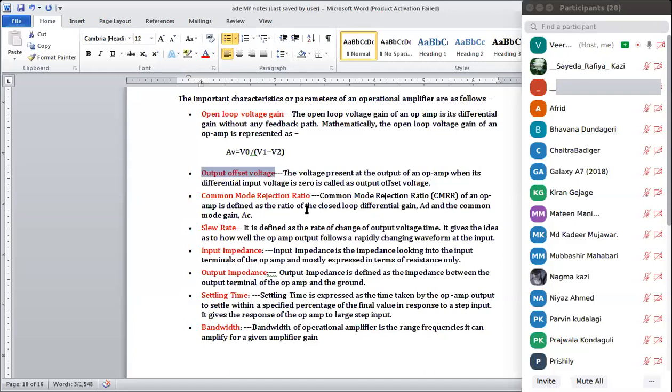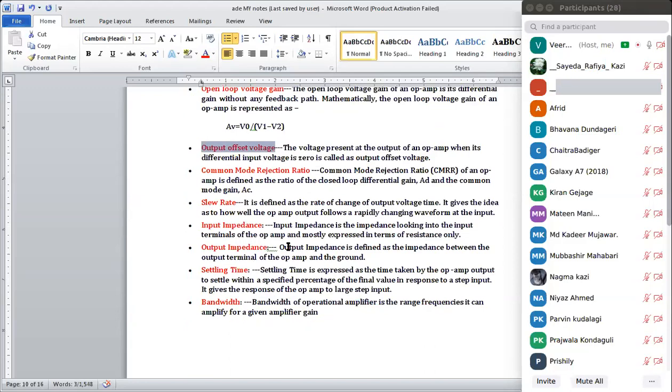The voltage present at the output side whenever the input voltage is 0 is called the output offset voltage. It will be very minimal. If the input is 0, we usually don't get any output, right? But still, because of this configuration, there will be a very small voltage, in millivolts, and that voltage is called the output offset voltage.